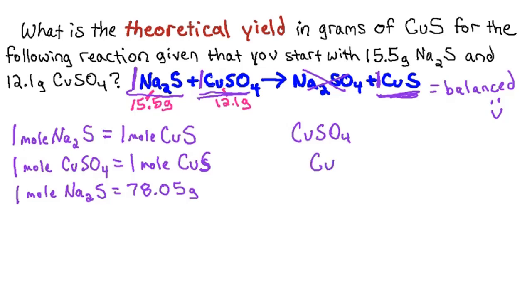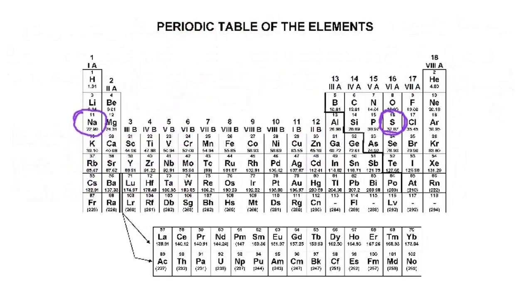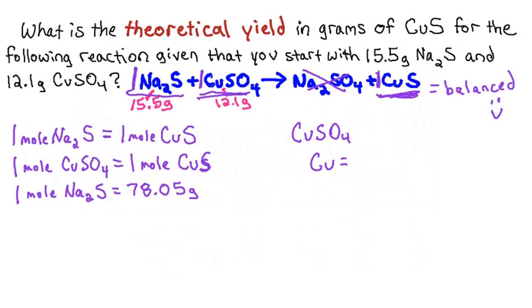So copper, Cu, let's look at our periodic table. Copper is going to be in the transition metals right here, and that is 63.55 grams per mole. And S, if we remember from when we did the Na2S, S is 32.07 grams.